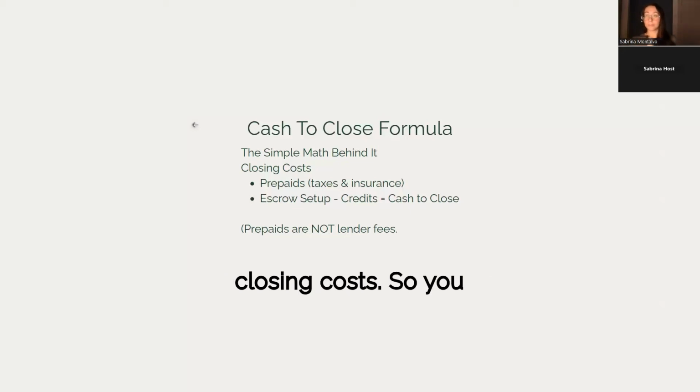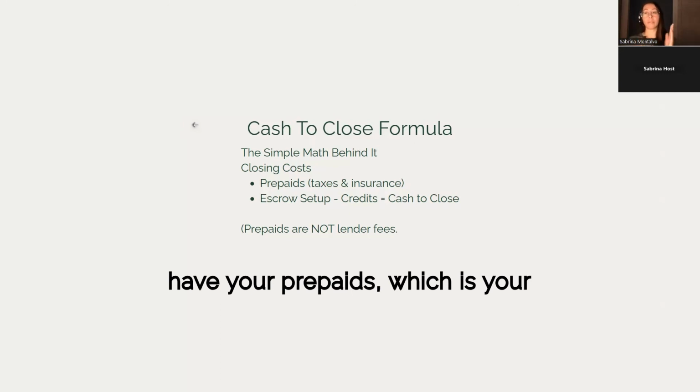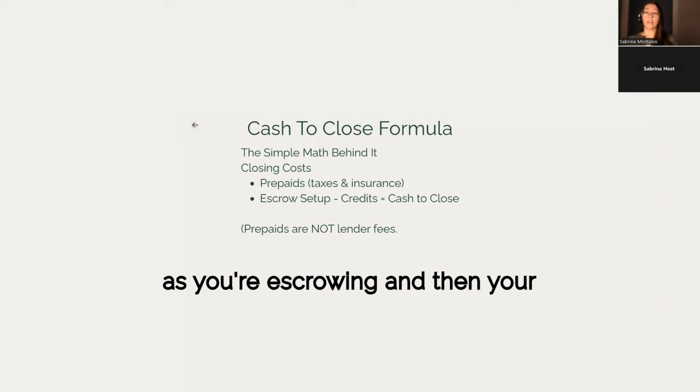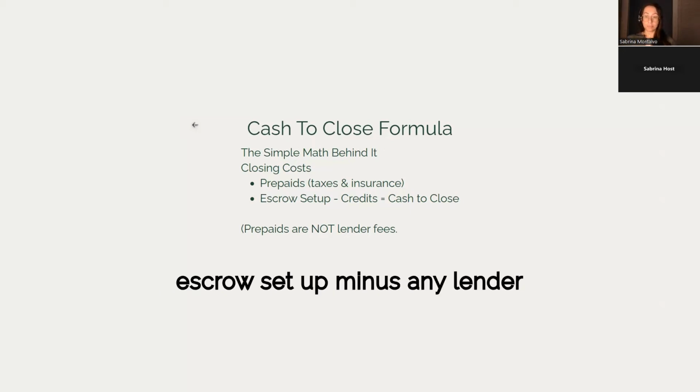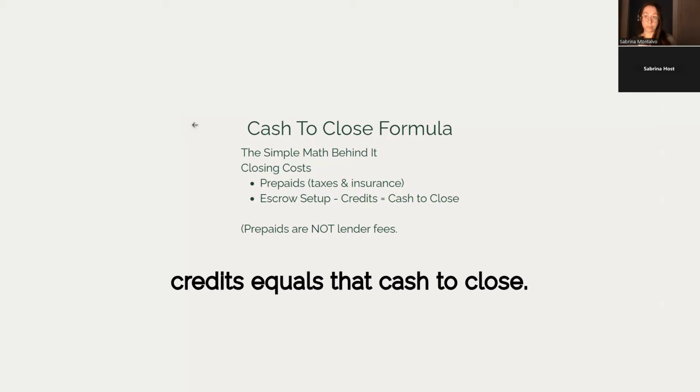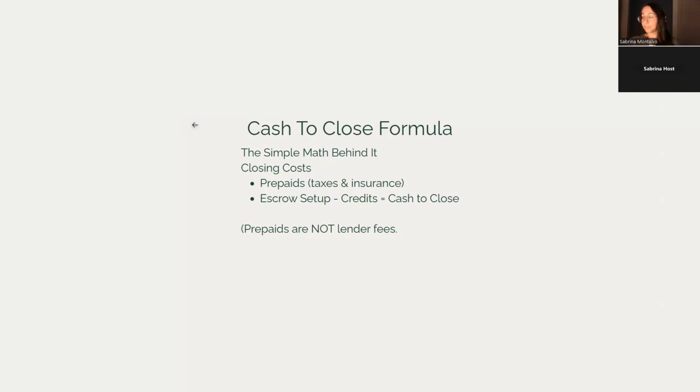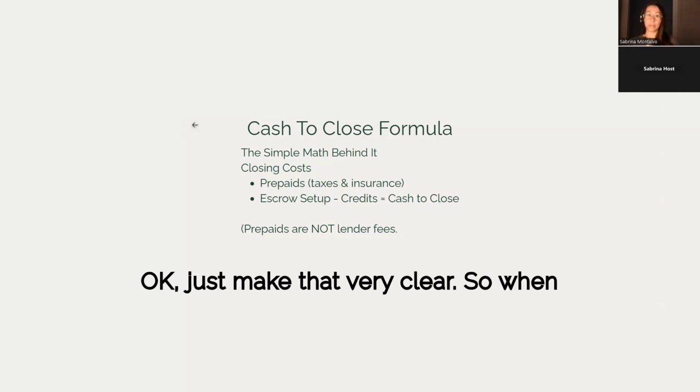Closing costs, plus your prepaids, which are your taxes and your insurance as long as you're escrowing, plus your escrow setup, minus any lender credits, equals your cash to close. And prepaids are not lender fees. Just make that very clear.